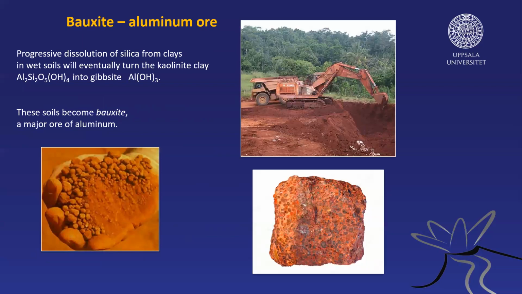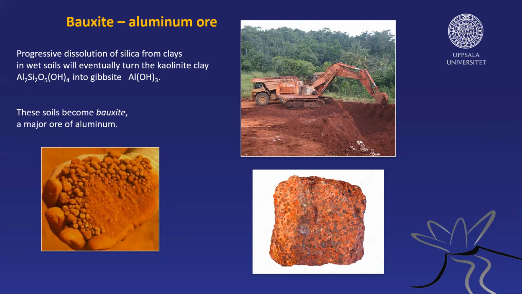Just a word about bauxite. That's the aluminium ore. It looks like that. It's really red because it's full of iron as well. As I said, you start transforming a rock into a soil, and you keep transforming the soil until you leach everything.